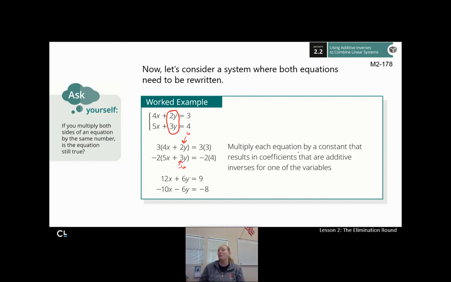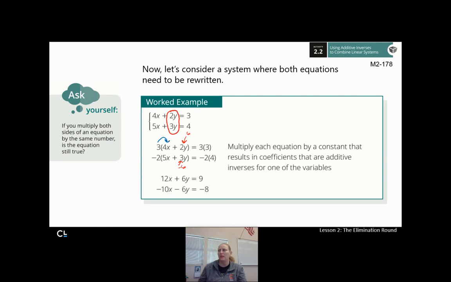So we actually have to multiply both equations by some constant number that's going to make sure that our coefficients are additive inverses, all right? This isn't the only way we could have done it. We also could have dealt with the x's, but I like to kill off y's. What can I say? Because I can.